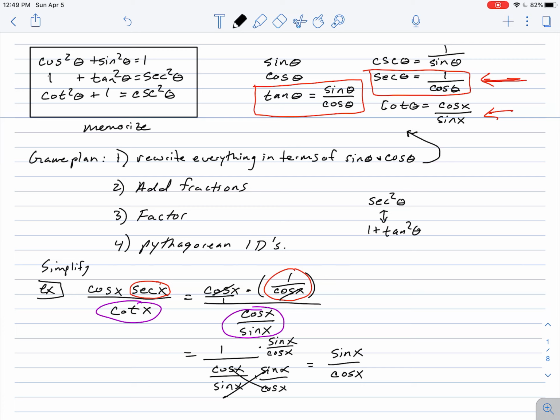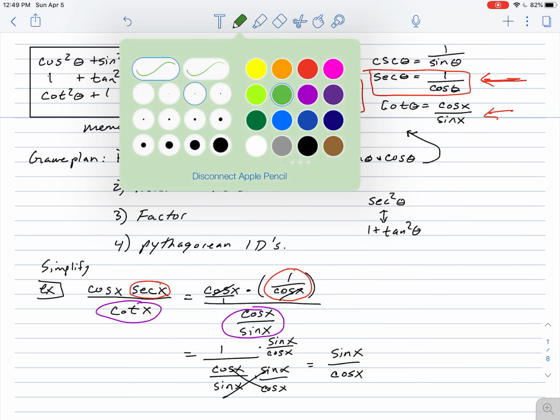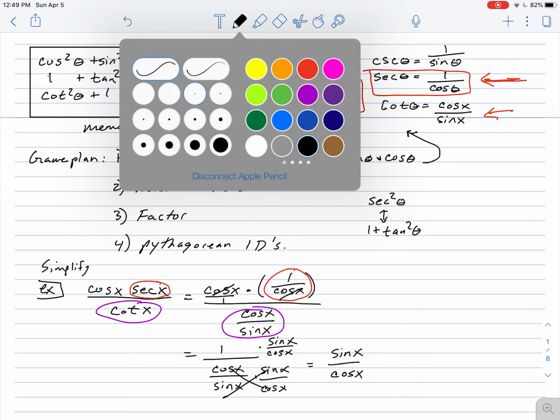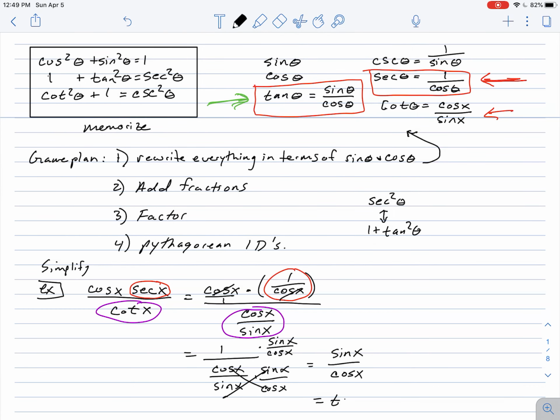Okay. And then sometimes, using this method of rewriting everything, it's nice to look back at your theorems or your equations up top and say, now could I write that simpler? And I go up and I say, oh, let's see, right here, tangent is sine over cosine. So I can write this as tangent x, and that's done.